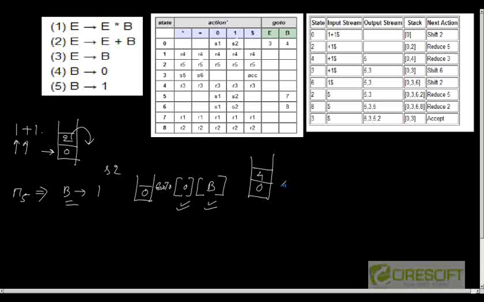Now you are in state 4 and the current input symbol is plus. So for 4 and plus, you will go for reduce by R3. R3 means rule number 3, that is E equals B.